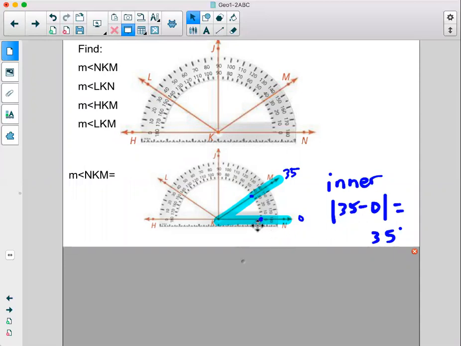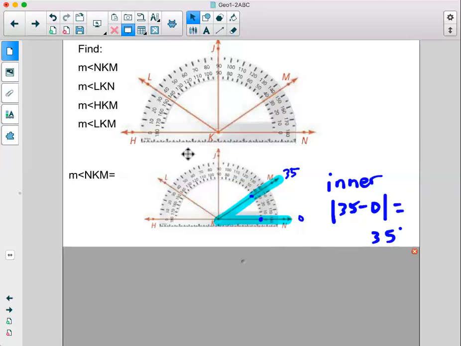You'll get the same answer either way, but I chose the inner track. So this ray lines up with 0, and this other side of the angle is right in between 30 and 40, so 35. Once I have my 2 real numbers, I find my measurement, which is the absolute value of the difference of those 2 numbers, or 35 degrees.